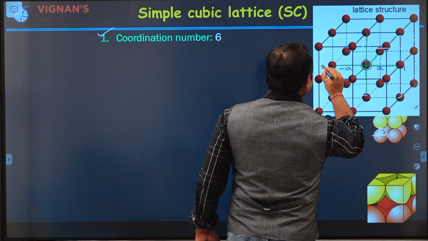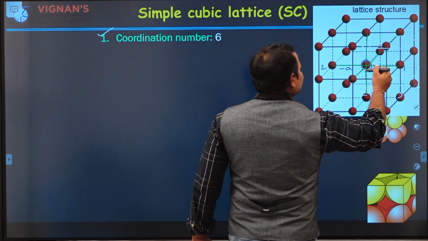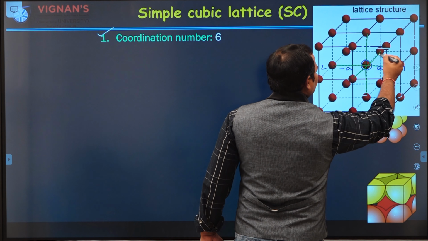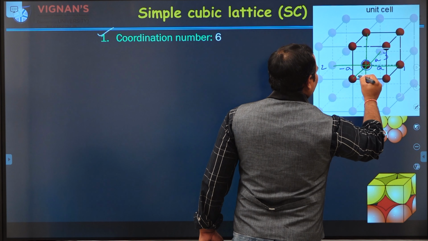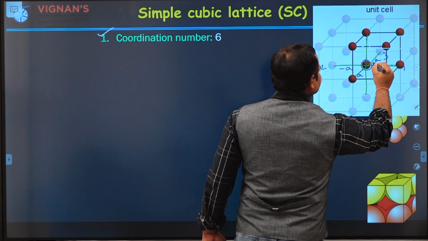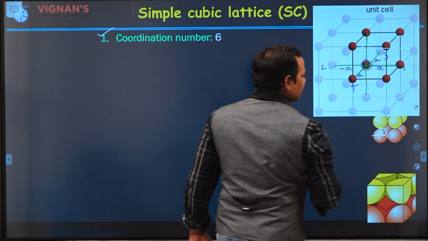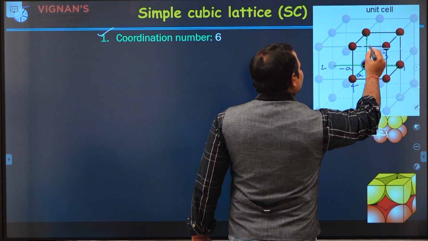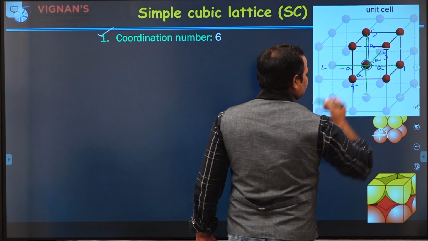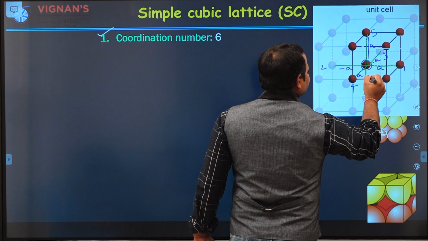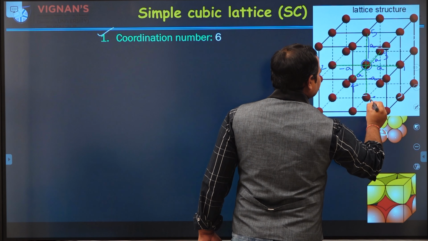This is 1, this is 2. And from this side, you have at a distance a one atom. If this is minus a, then this will be another atom, 4. And then in the upside, we have at a distance a another atom, 5. And the downside, at a minus a distance, another atom.